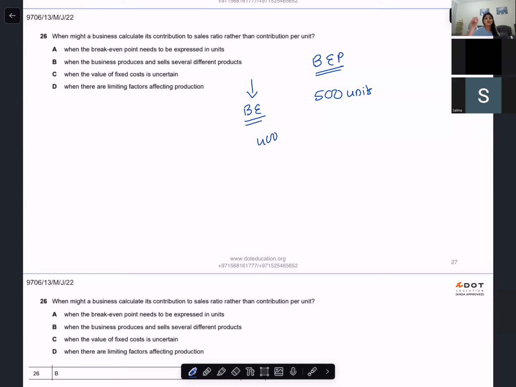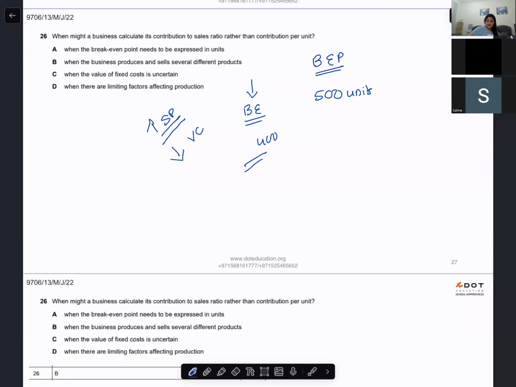If I want to reduce the number of units to be sold to break even, I can increase my selling price. Yeah, increase selling price, or you could reduce your variable cost, so that I can make no profit, no loss at a lower number of units.